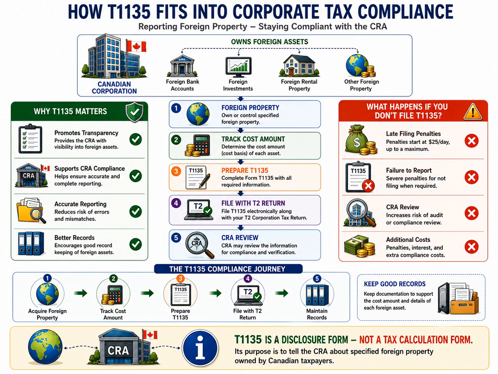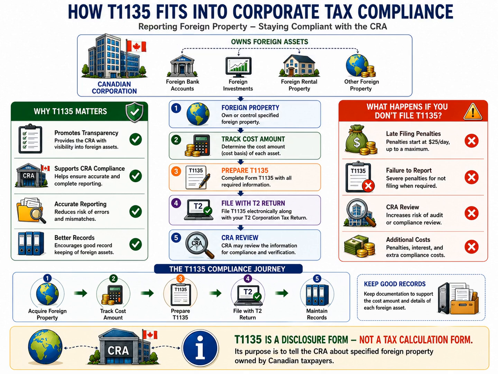The T2 return calculates taxable income and corporate tax, while T1135 simply provides information about foreign property owned by the corporation. Once the form is filed, the Canada Revenue Agency may review the information as part of its normal compliance activities. The CRA uses this information to verify that foreign income and foreign assets are being reported correctly.